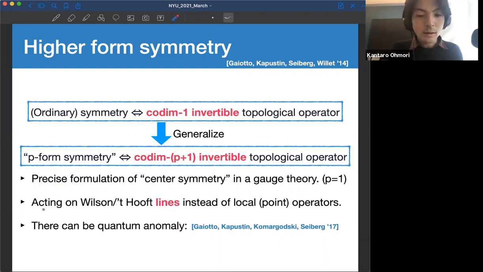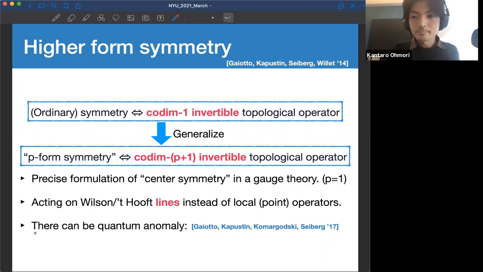In particular, this one-form symmetry, the p equals 1 case, has a codimension 2 topological operator acting on line operators, not the local operator. So in general, the p-form symmetry acts on p-dimensional operators, not the local operator.